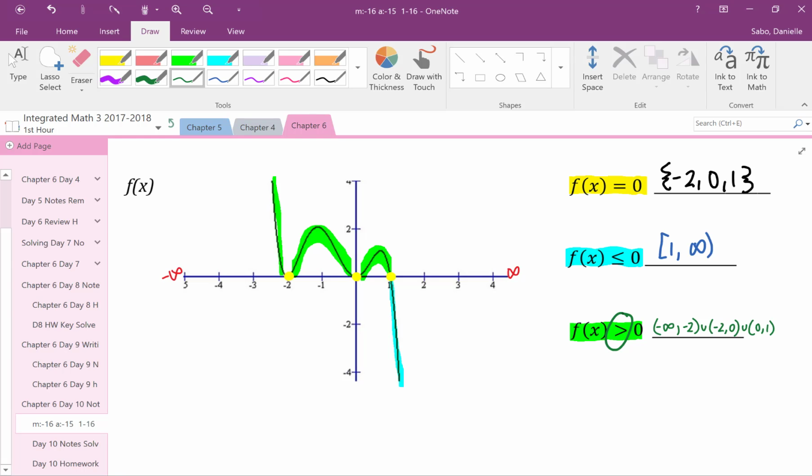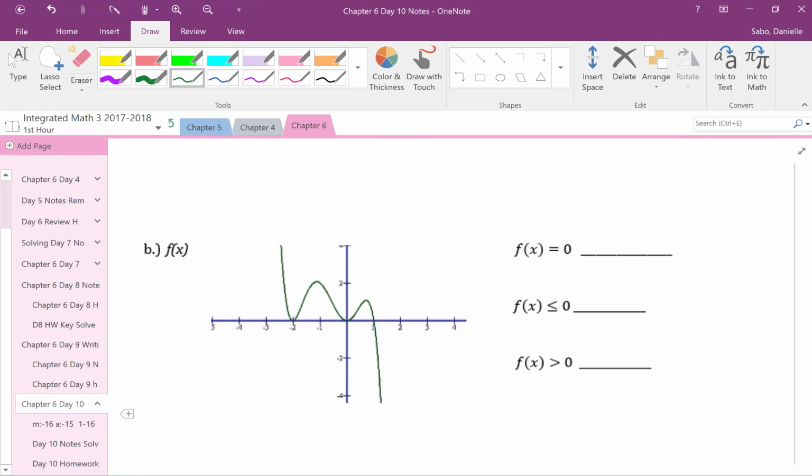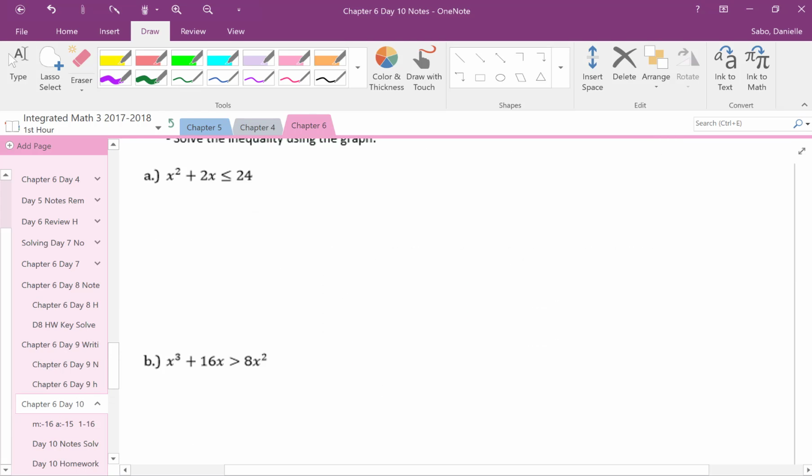It says greater than. So I can't include these points, because they're 0 and it doesn't equal 0. I have to stop at each one of them. Again, if I put a little line here and I went like this, then you could describe it as negative infinity to 1. Does that make sense? Okay. All right. Let's go ahead and move on then.